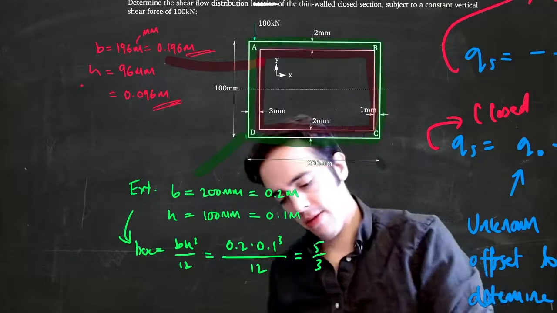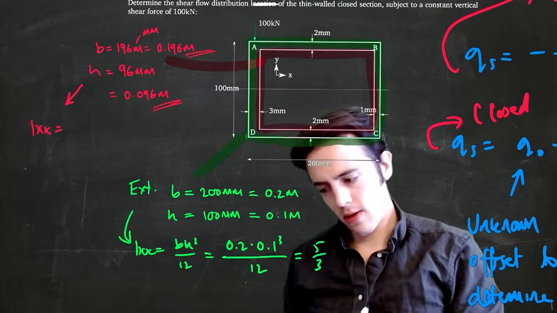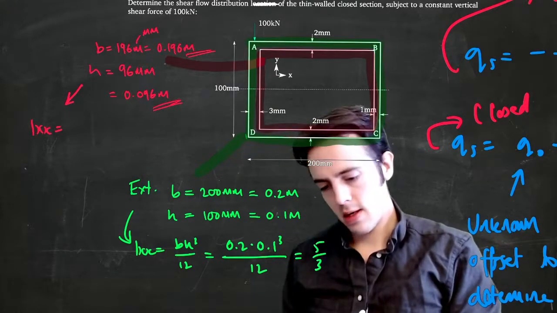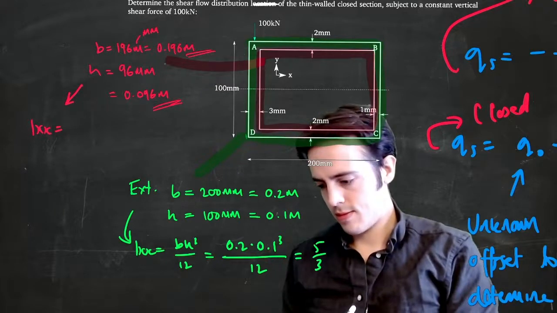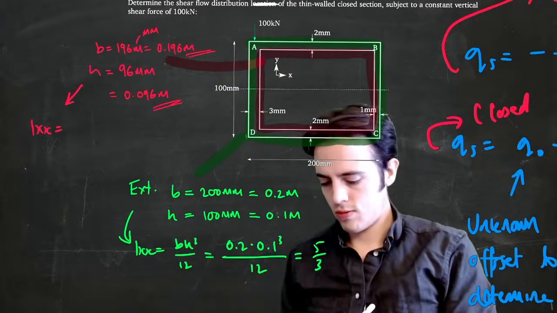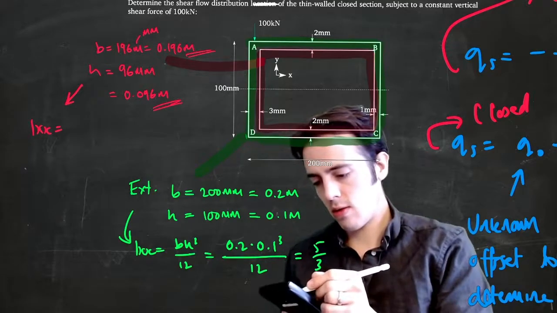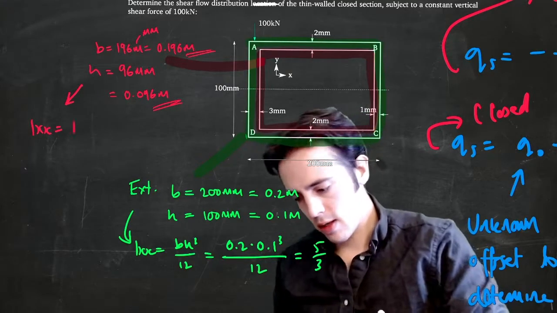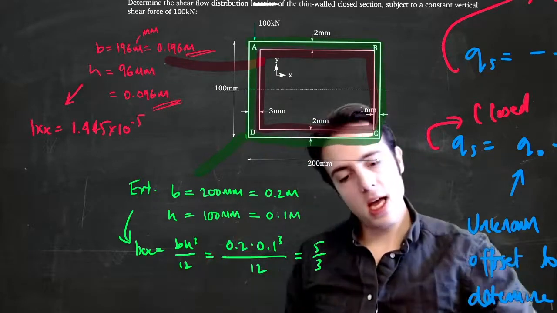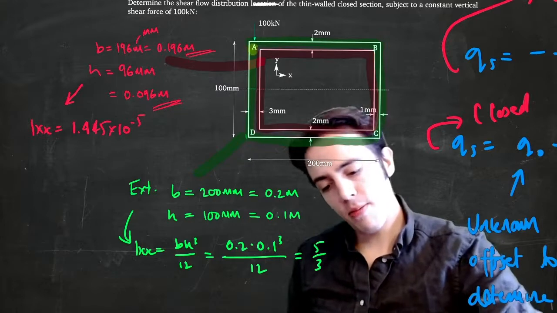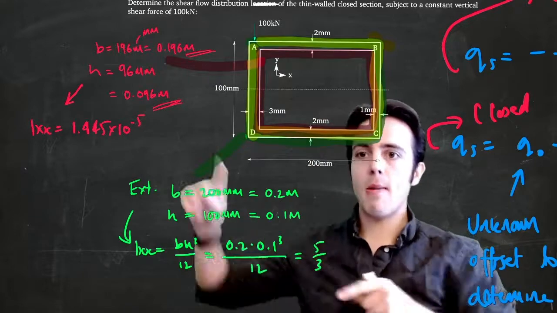And then over here we've got Ixx is 0.196 times 0.096. It's not a very nice number, there's no fraction for that. It's 1.445 times 10 to the minus 5. So the second moment of area of the shape that we care about is going to be this minus this.